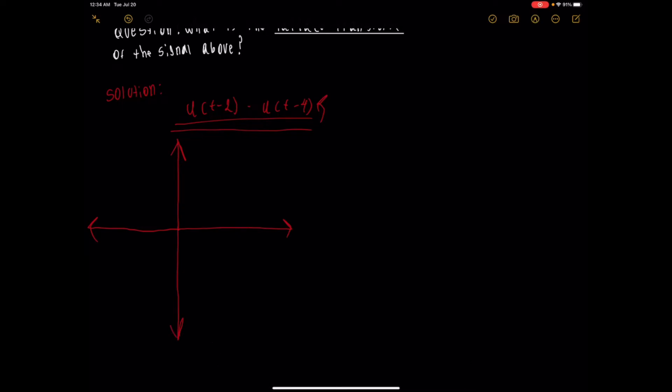So what we have is pretty much a signal coming all the way from negative infinity, coming up, because the unit step function is defined as 1 for t greater than or equal to 0, and 0 for t less than 0.